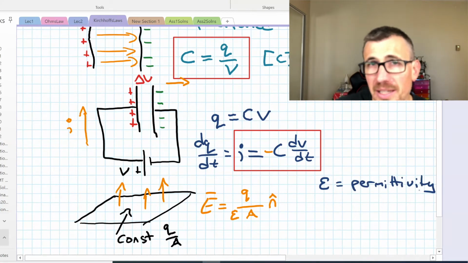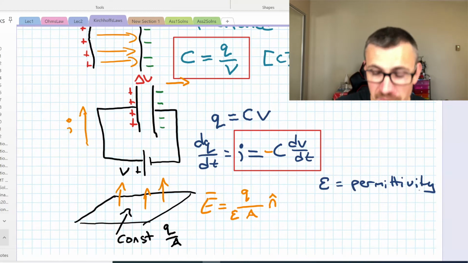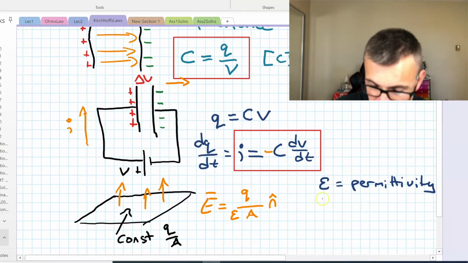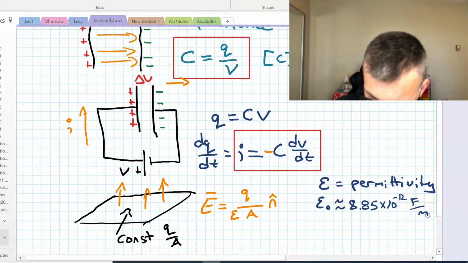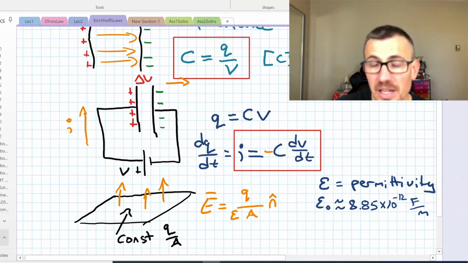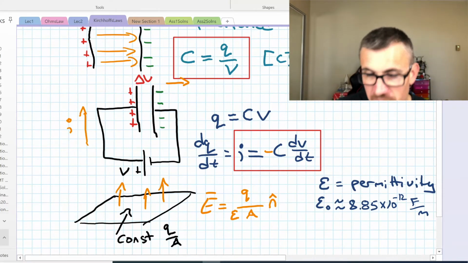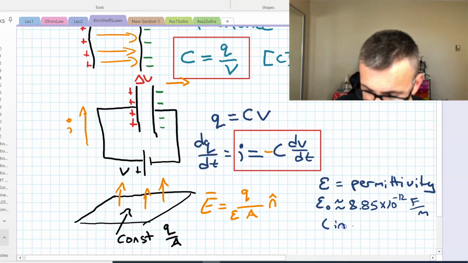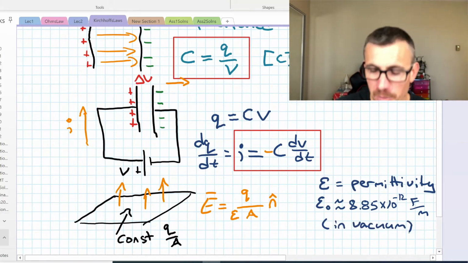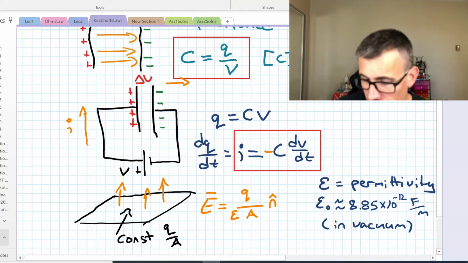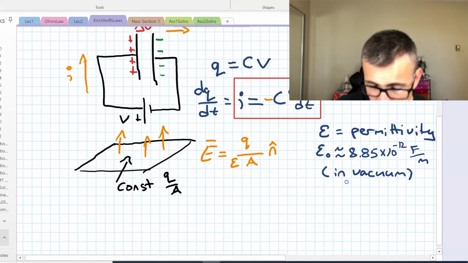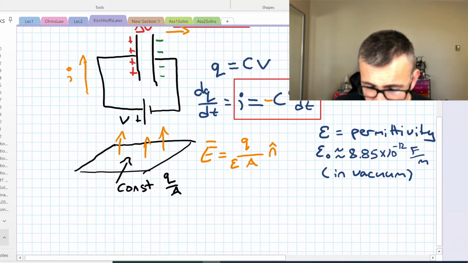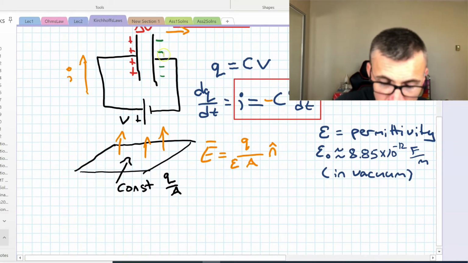If we happen to be in a vacuum, we have a particular value of permittivity, the permittivity of free space, which is a constant of nature: 8.85 times 10 to the minus 12 farads per meter, approximately, in vacuum, and approximately in air too. So it's just some material property. For plastic, it might be 2 or 3 times that.